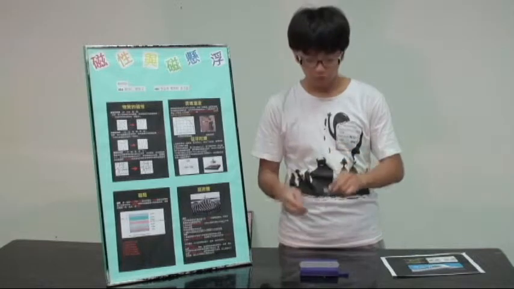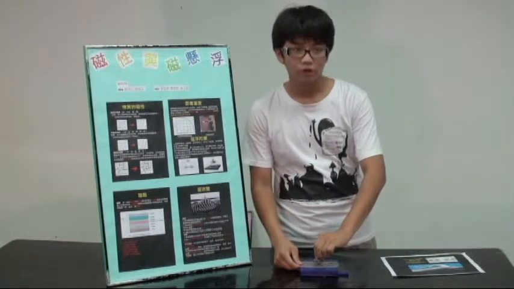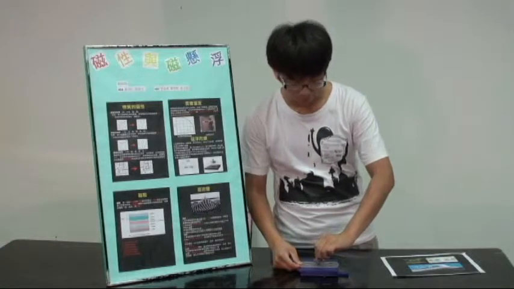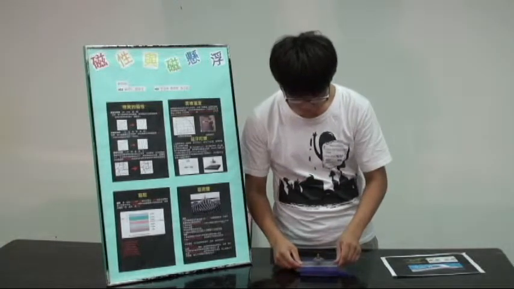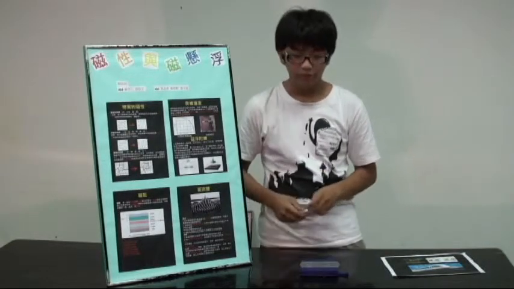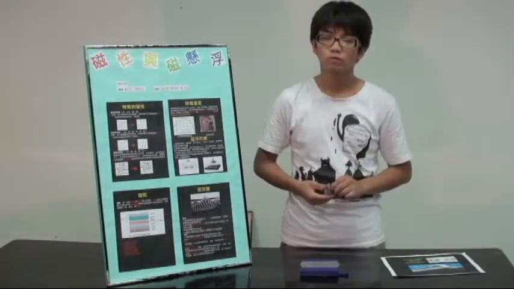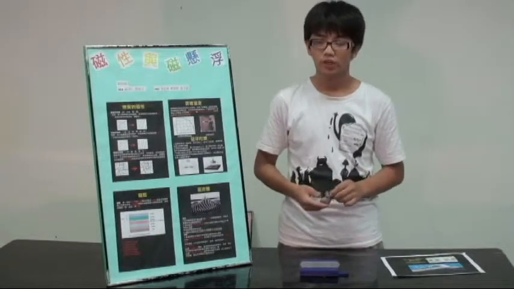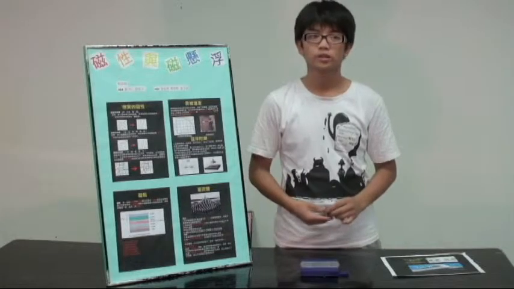Now I put the jewel in the center of the disc and give it an angular momentum. Then lift it slowly. When I find the gravity is equal to the magnetic force, it will rotate in the air.